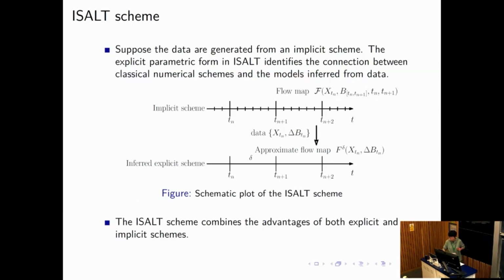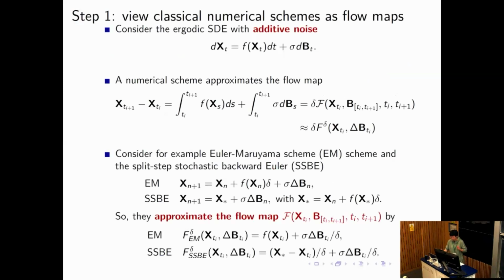In one paper that I collaborated on with Wei Lu from Johns Hopkins and Felix Ye from U of Albany, we found this idea works when we have SDEs with additive noise. It's very simple. The inferred scheme is based on the classical scheme.